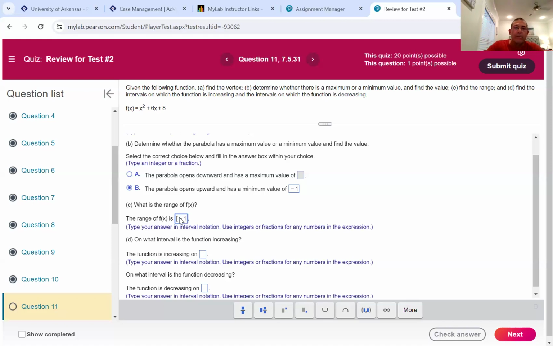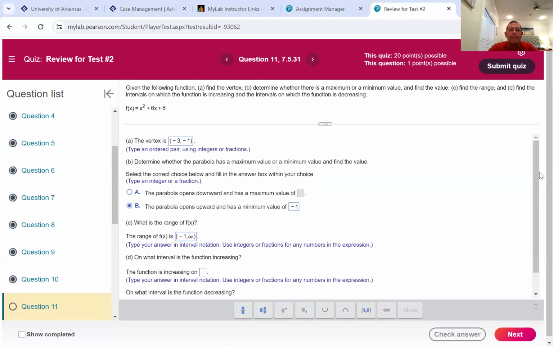So the smallest Y value was -1. But remember, I got a bracket because it includes that -1, okay? And then it's going to be comma. And y'all, if I keep heading up and up and up, I'm headed towards positive infinity. Now, infinity always has to have parentheses, okay? So on your range, you're going to have bracket and parentheses. So scroll up. So let's see, like that.